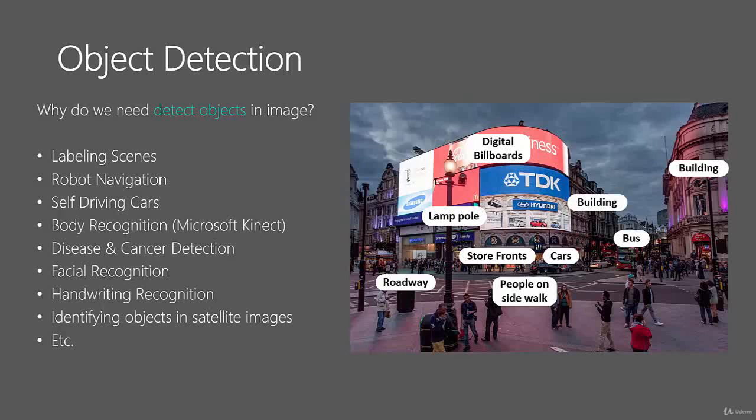You can do so many powerful things like labeling scenes, such as labeling this as a digital billboard, a bus, people on a sidewalk, storefronts, or it also applies to robotic navigation in VSLAM algorithms, self-driving cars, which is actually a form of robotic navigation, body recognition through Microsoft Kinect, disease and cancer detection, things like looking at malaria slides or pictures of skin cancer, face recognition, handwriting recognition, even military use cases like detecting objects in satellite images, and the list goes on and on. There are literally so many use cases for object detection and recognition.